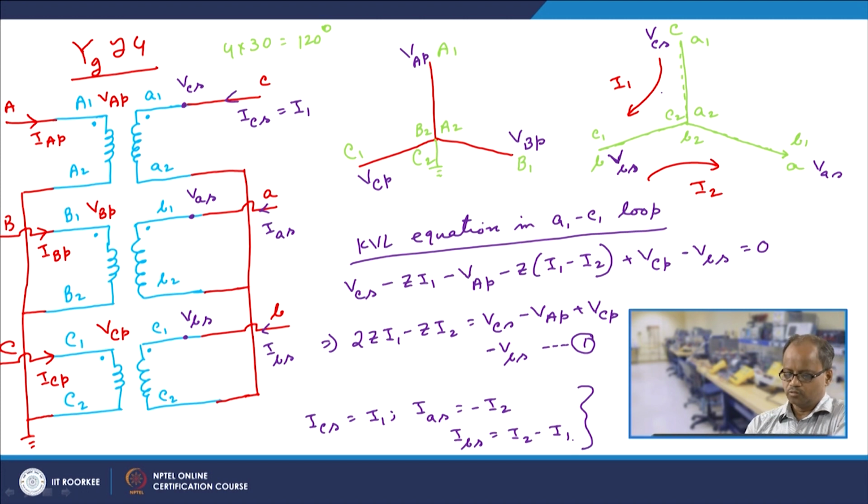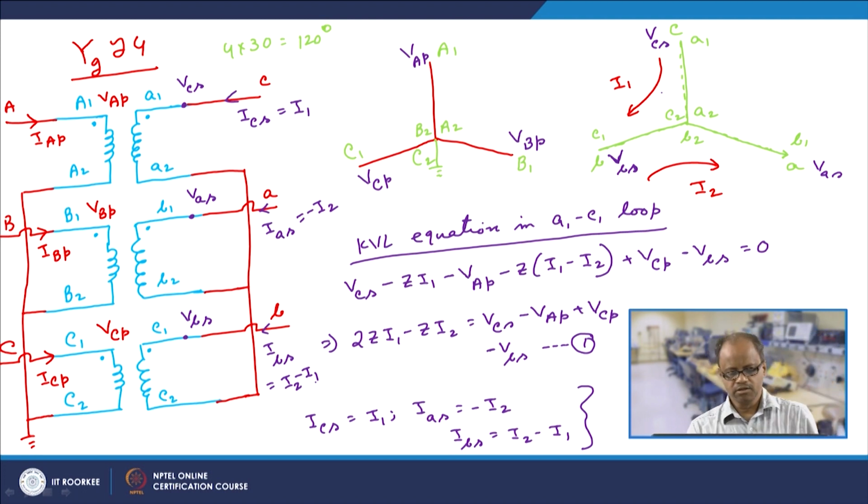So ICS is equal to I1, IAS is equal to minus I2, and IBS is equal to I2 minus I1. Once we get this expression of I1 and I2, ICS is equal to I1 because ICS is entering this point. Here it is ICS, here it is IAS, and here it is IBS.